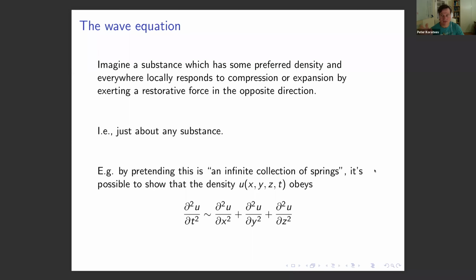The mass in the unit volume, U, obeys a similar partial differential equation as the temperature in the previous example. Although here we have a second derivative with respect to time. So the second derivative of U with respect to time is proportional to the sum of second derivatives of U with respect to x, y, and z. And as we'll discuss later, this is also denoted as the Laplacian of U. So it's a second order differential operator applied to U.